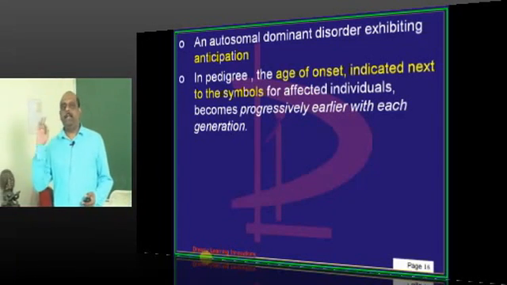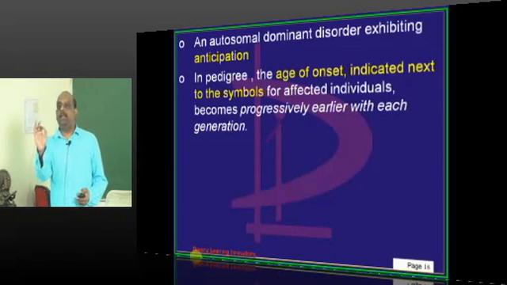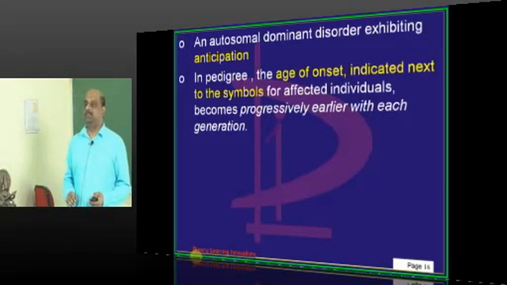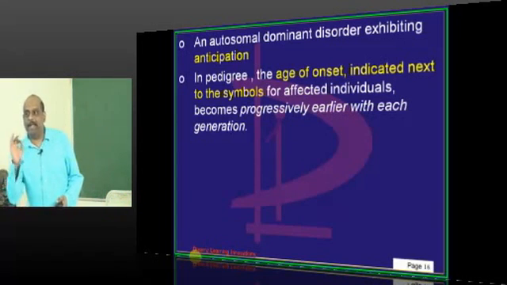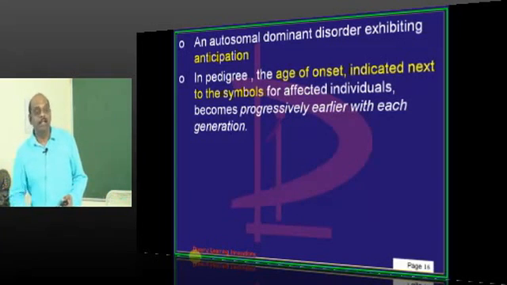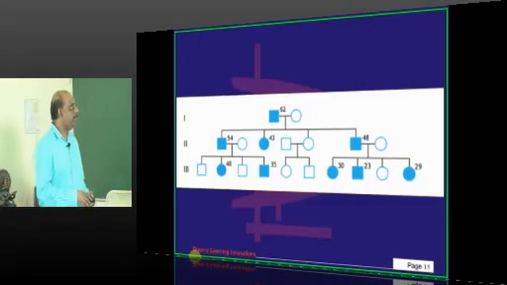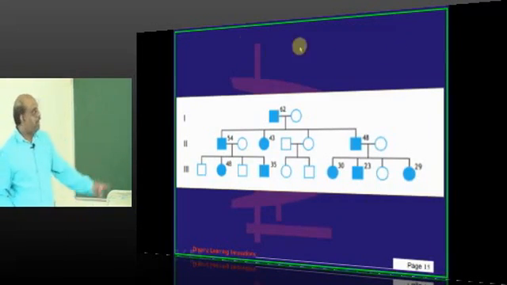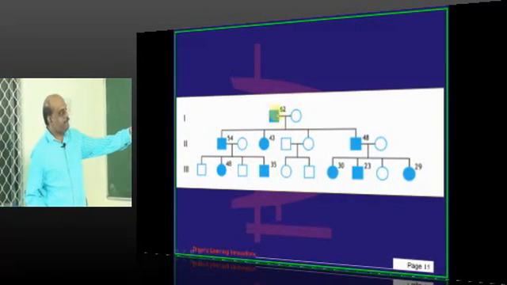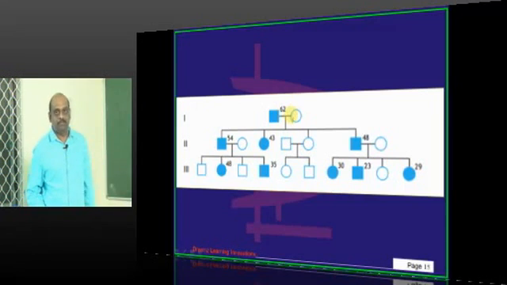In autosomal dominant disorders, there is a phenomenon called anticipation. What is meant by genetic anticipation, which is classical of autosomal dominant disorder? If you take a pedigree, grandpa had chorea for the first time at the age of 62. His son, who is currently the top cardiologist, the associate professor of cardiology, had it at 43.